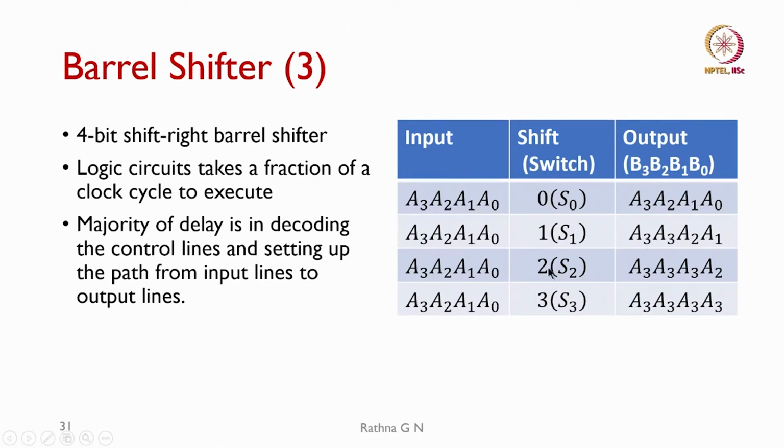When S2 is on, A0 and A1 are shifted out, and the result will be A2, A3, A3, A3 going into the outputs B0 to B3. When I want the maximum shift, all of A0 to A2 are shifted out, and the result will have only A3 in all bits.